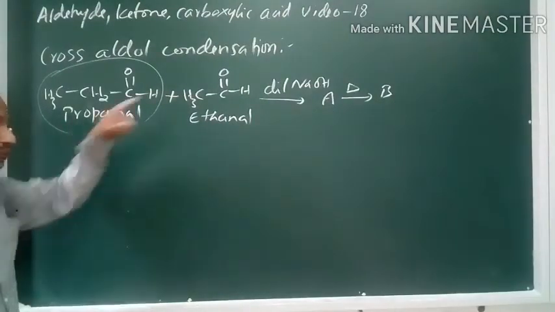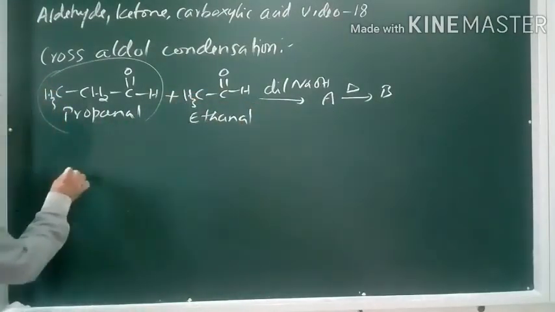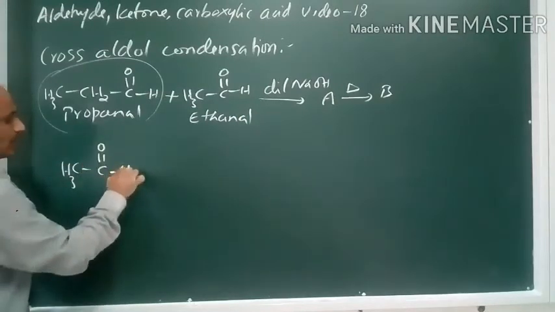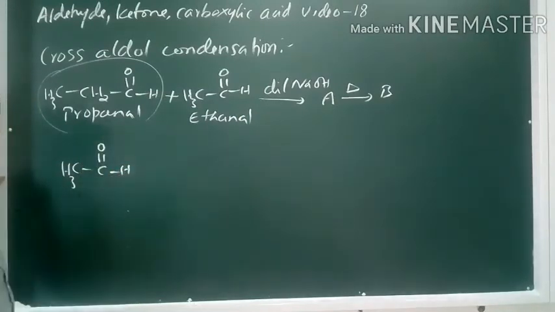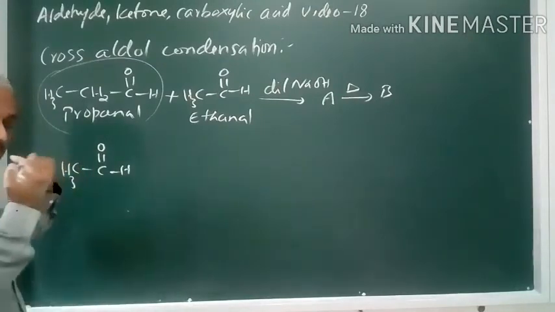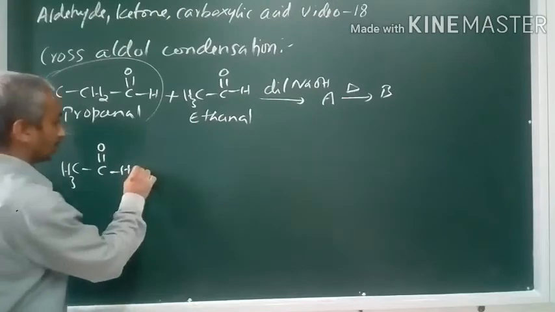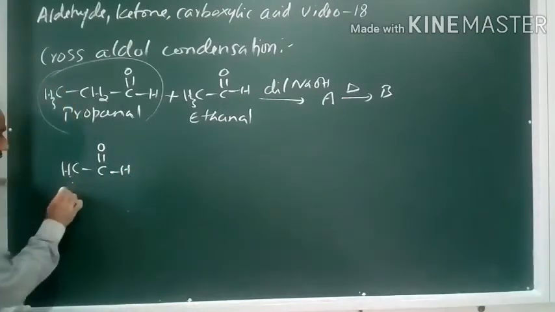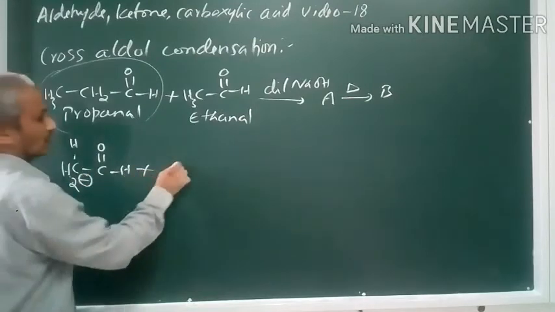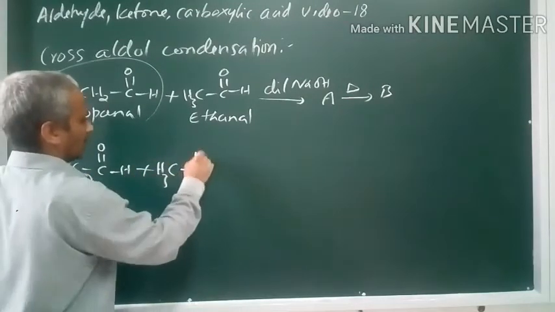See, as we use sodium hydroxide, certain molecules of CH3 CHO can go not for the cross aldol, they may go for the aldol condensation only. Thereby, what will happen then? CH2 H, this becomes minus, CH3 CHO.